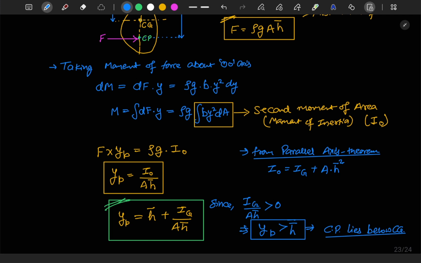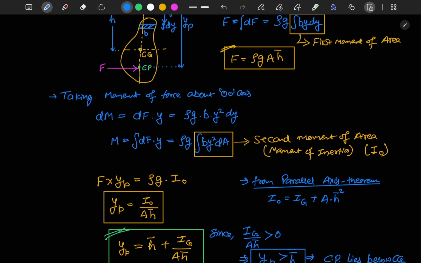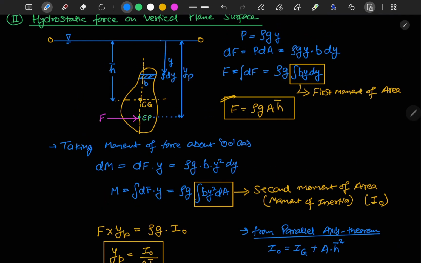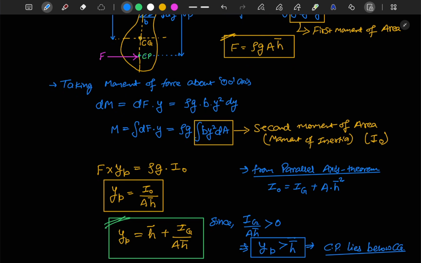Consider a case where the h bar value becomes infinite. It means that the plate is immersed infinitely deep inside the fluid. In such cases what would happen? Ig, the moment of inertia about the central axis, will remain the same, and the area of the plate will remain the same.